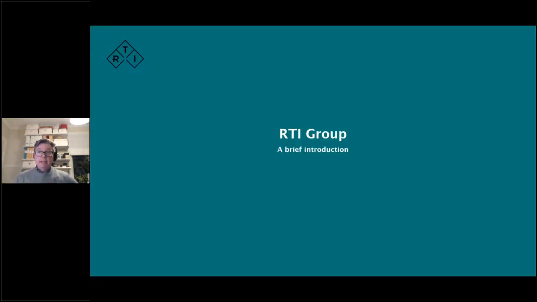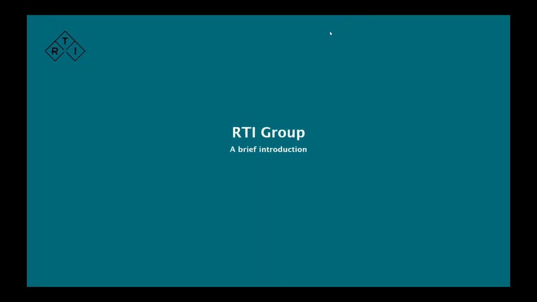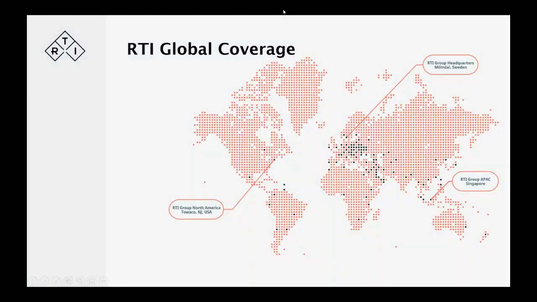Just like to start again with a brief presentation of the RTI Group, so you know where it's coming from. We're a Swedish company based up in Sweden in the north in Scandinavia. We're on the west coast of Sweden, just outside Gothenburg, in a smaller town called Mölndal.